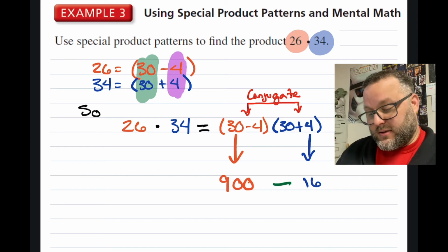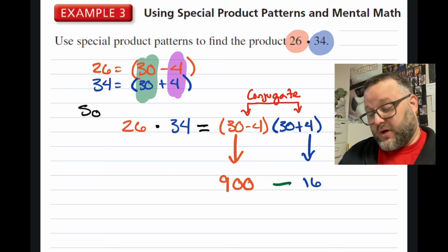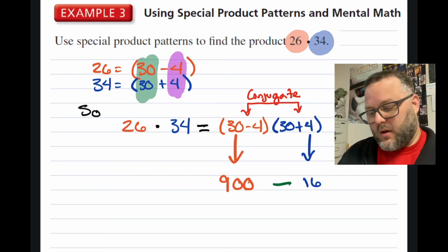So because 26 times 34 is the same thing as 30 minus 4 times 30 plus 4, when multiplying, I get 30 times 30 is 900, and 4 times 4 is 16, and I'm always subtracting, because all those facts are correct. Actually, 3 facts, sorry. That means 900 minus 16 is the same thing as solving 26 times 34.